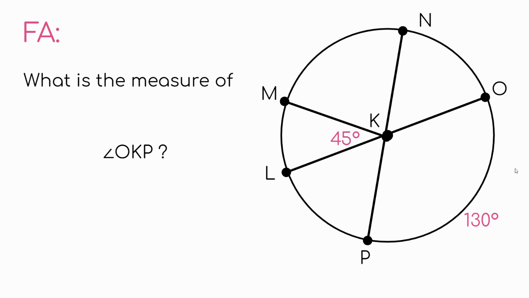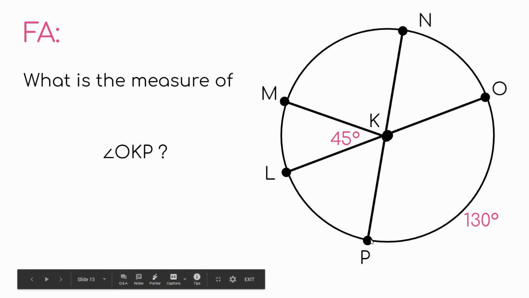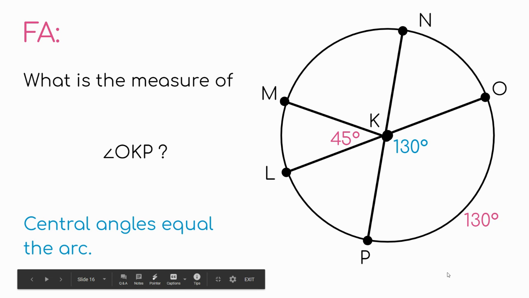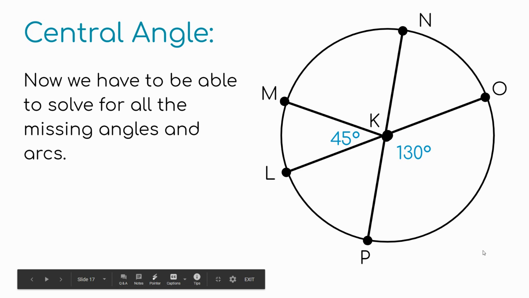What is the measure of angle OKP? That's this guy right here, OKP. Hopefully you said 130, right? The central angles are equal to the arc. This arc is 130. This angle creates the arc, so it's also 130. All right, so hopefully that makes sense.